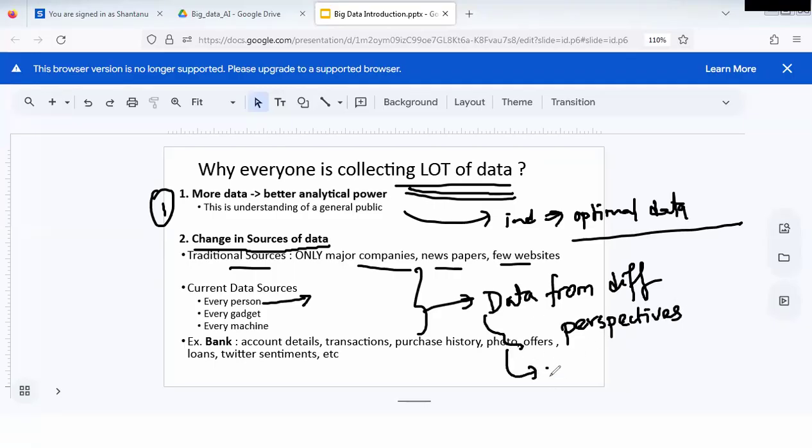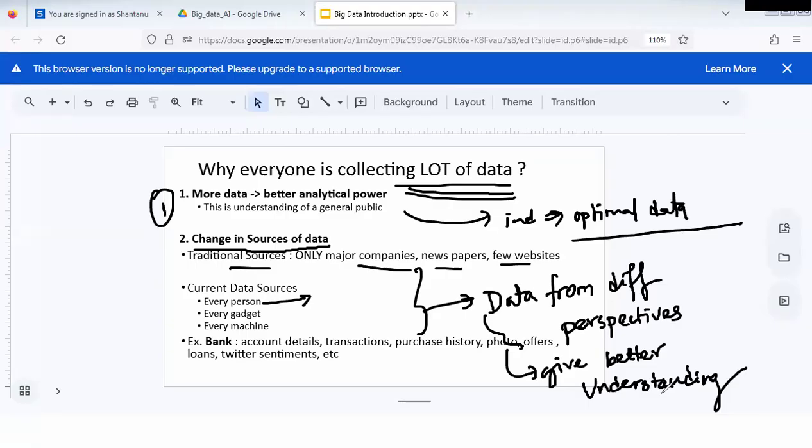Different perspectives give a better understanding. If data comes from different perspectives, there will be better analysis and better processing. And with different angles of data, you are going to get more and more data. If data comes from only one standard place, you will have only limited data.